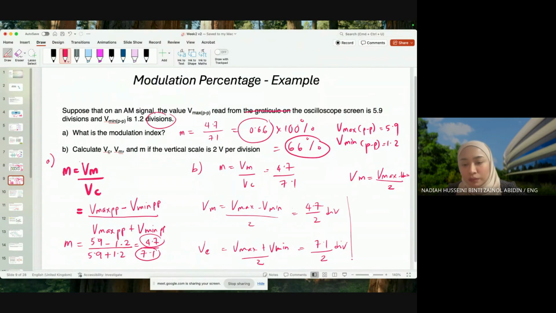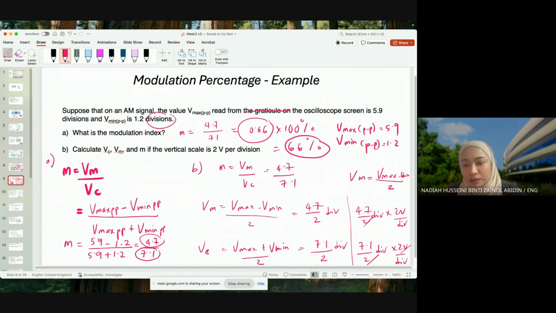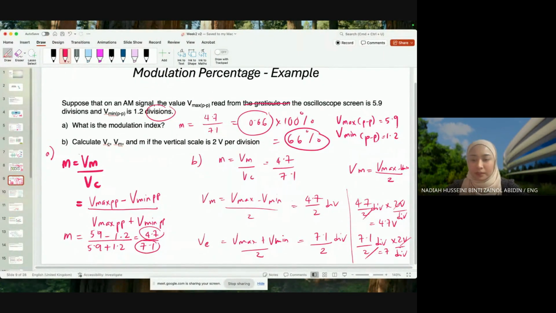So now I'm going to multiply this by 2 volts per division, and this is 7.1 over 2 divisions times 2 volts per division. So that cancels out. This is 4.7 volts, 7.1 volts.